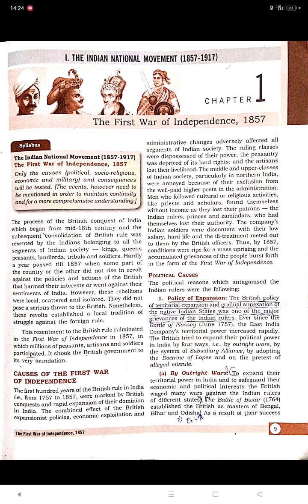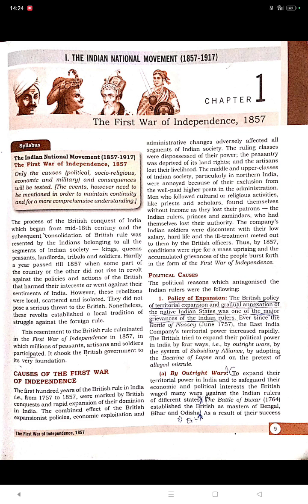Thus, by 1857, conditions were ripe for a mass uprising, and the accumulated grievances of the people burst forth in the form of the First War of Independence. Our soldiers and people rose against the Britishers.